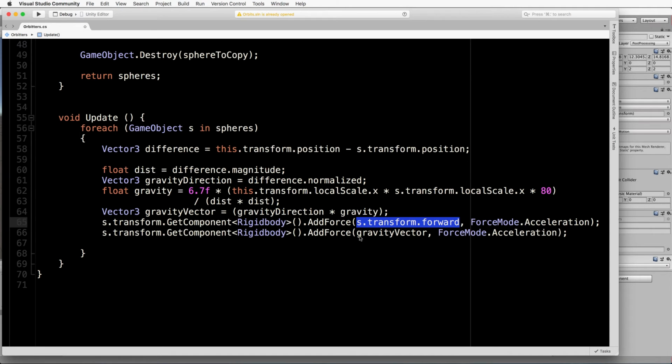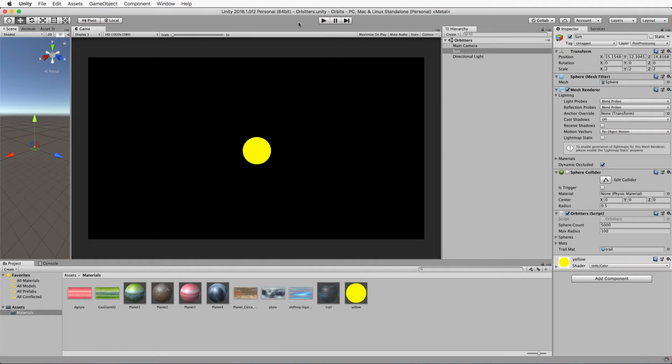Now, remember, the gravitational force is related to the distance between the sphere and the sun. So as the planet itself is actually moving, the amount of gravity on it is going to change, which is what makes this so interesting. Okay, so let's save this and let's go back and play, because it's quite remarkable the effect that you get doing this.